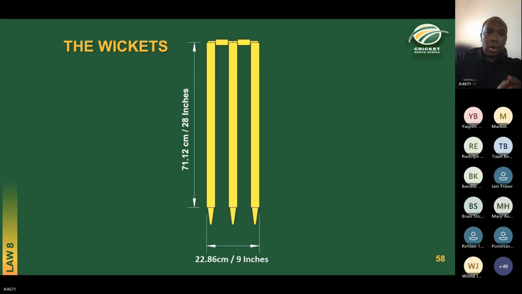And when the bails are sitting on top of the stumps, as in picture, then they should meet in the middle and not protrude outside of the exterior of the stumps. Also, quite importantly, a test that you can do is to make sure that no full-sized ball can fit between the gap of the stumps, and then you will know that your stumps are correctly pitched.